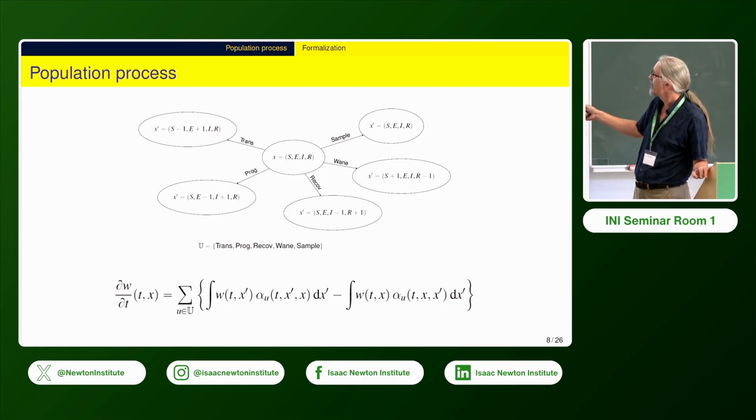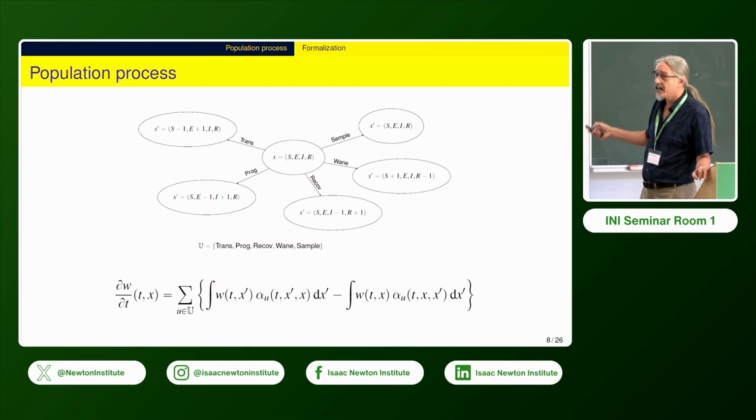We can have a transmission event, in which case the number of susceptibles goes down by 1, the number of exposed individuals goes up by 1, and so on. We can have a disease progression event, a recovery or a waning event, or we might even have a sample taken of some individual in the population, which doesn't change the state at all.